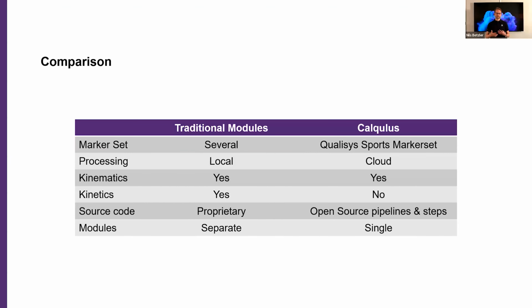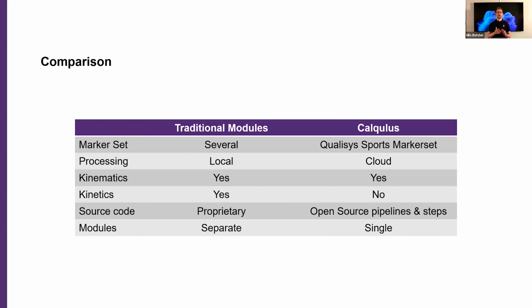The processing pipeline, how the data is processed, and also the actual software that performs the biomechanical processing is proprietary if you use the traditional modules. In Calqulus, the platform is open source. You saw the repositories, and everything that Raymond just showed is publicly available.